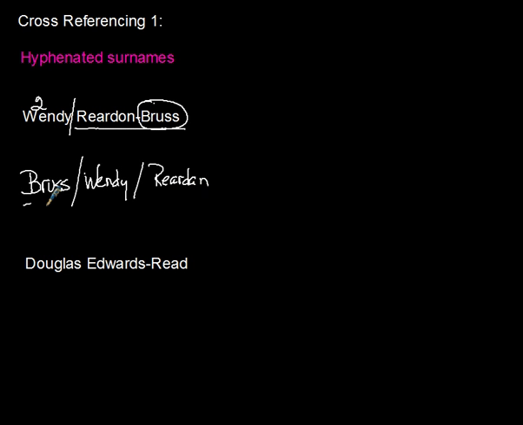So Bruss becomes our key unit, Wendy becomes Unit 2, and Reardon becomes Unit 3. So now when somebody goes into the filing system and they look for Wendy Bruss, they'll find what they're looking for.